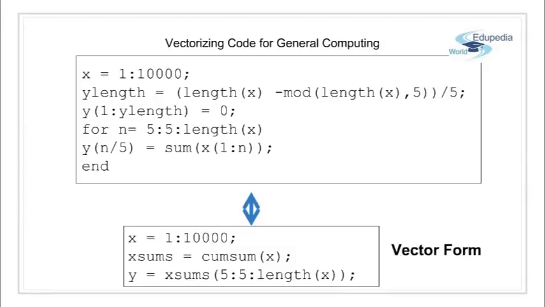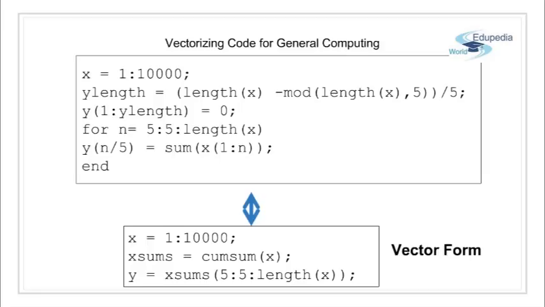Let's take another example. Here in the red box, I have code that computes the cumulative sum of a vector at every fifth element. For that, the code snippet has to go through the procedure of defining the size of array y by calculating the size from the original length of x.